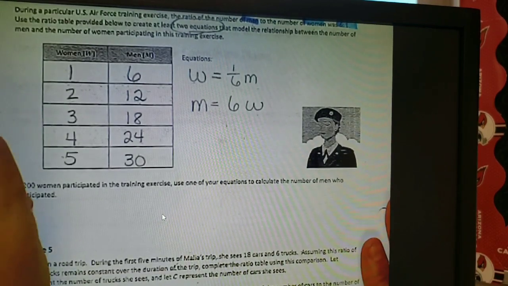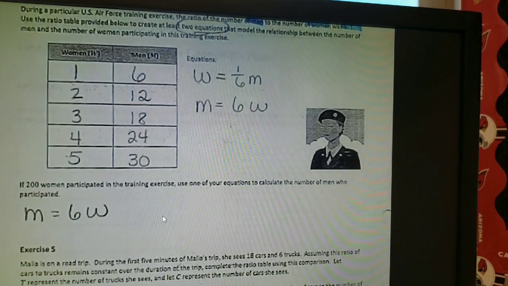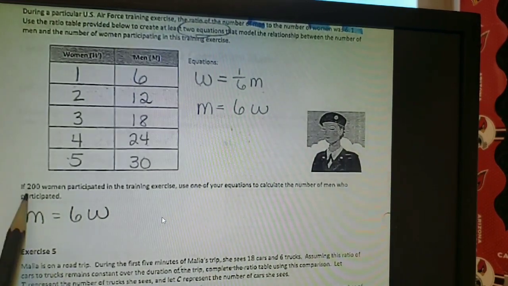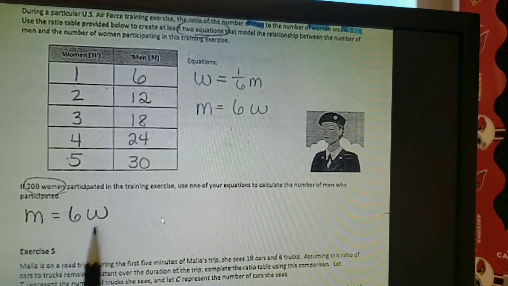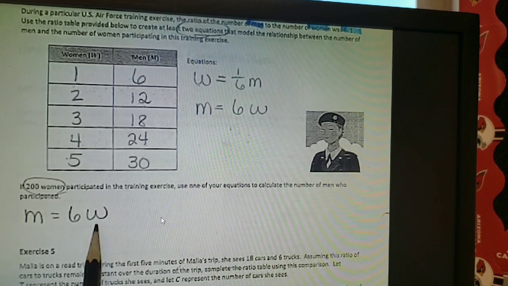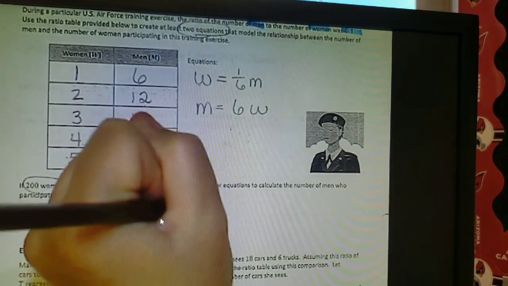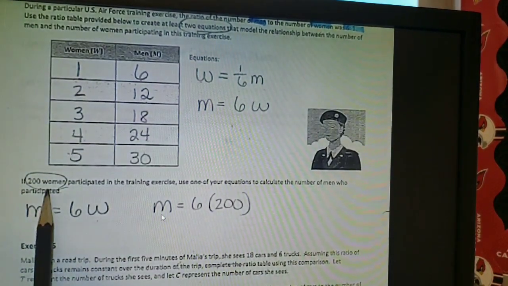If we used men equals 6W, all we're going to do is substitute in things correctly. We have 200 women, so this 200 has to go in where the women is. We don't have anything for men. We have 6 times 200 because there's 200 women.